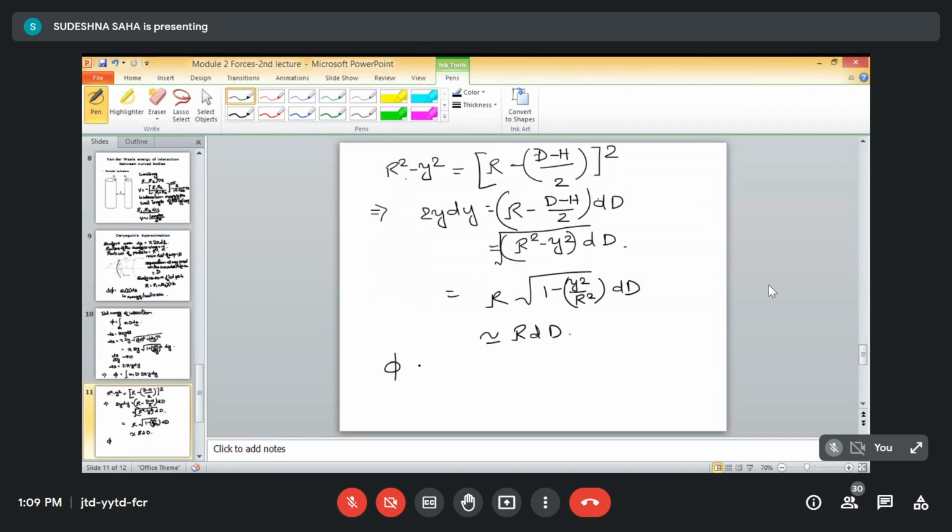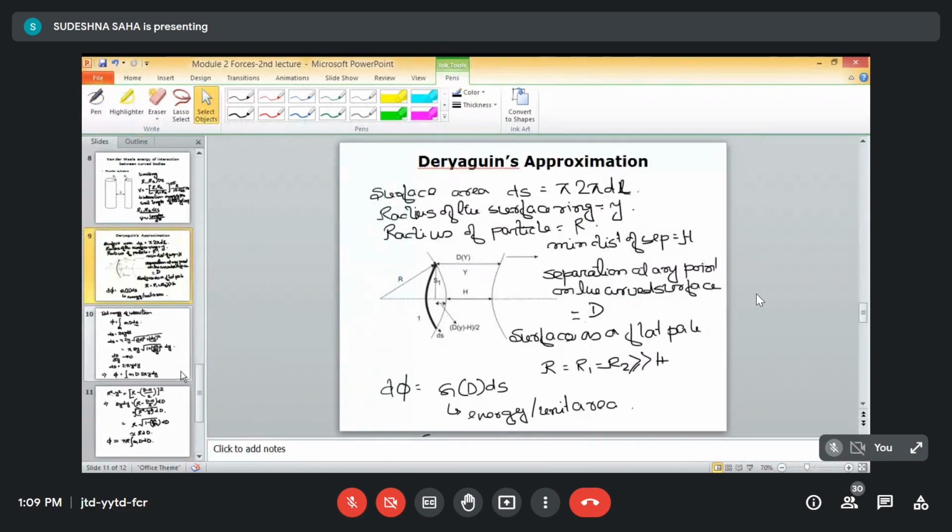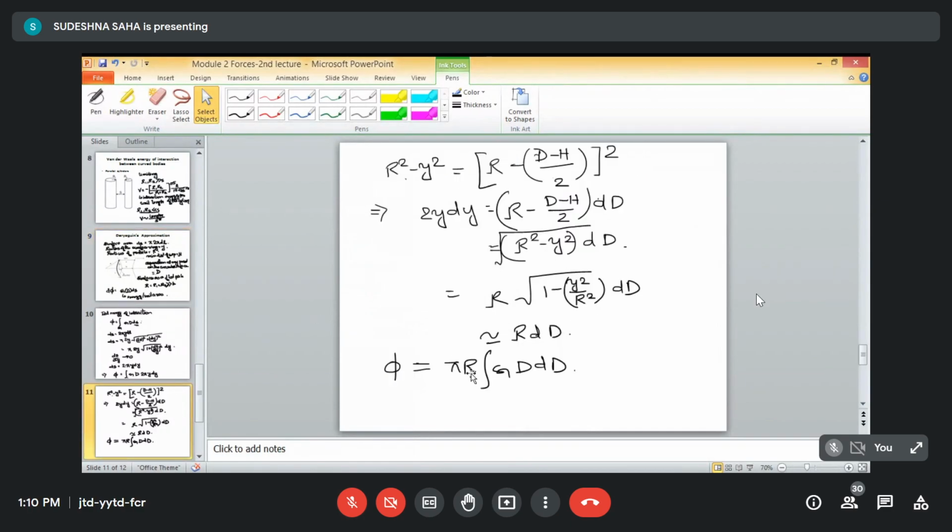Because y is nothing but the radius of the surface ring. If you look here, you can see y is the radius of the surface ring that has been taken as y. We will not be knowing y, but what we will know is the particle diameters. So we have successfully written that in terms of the particle diameters.